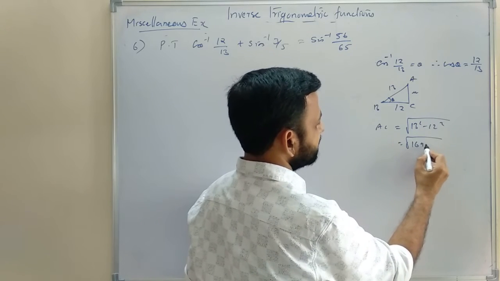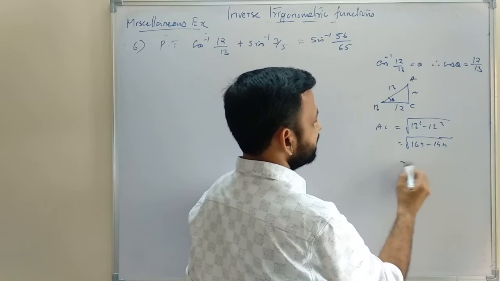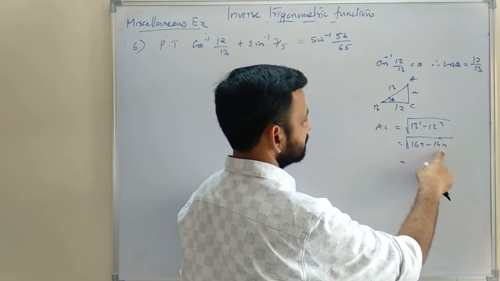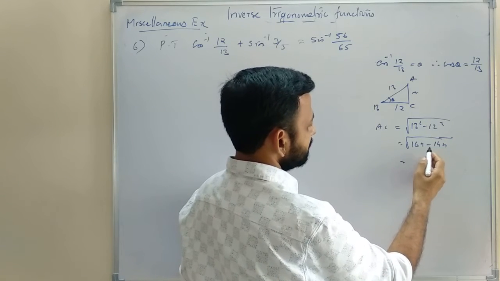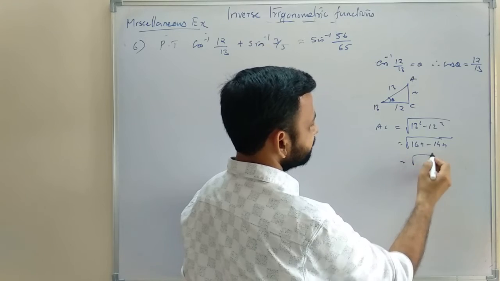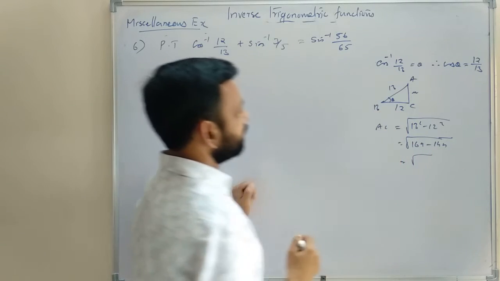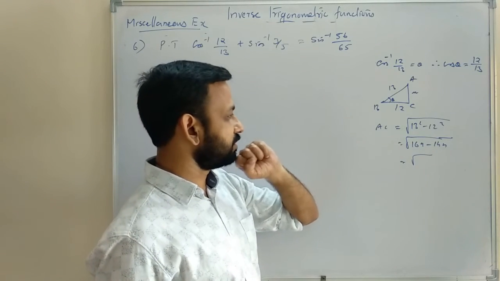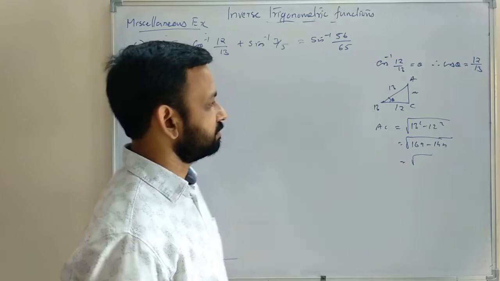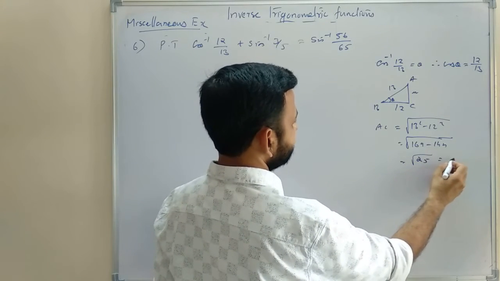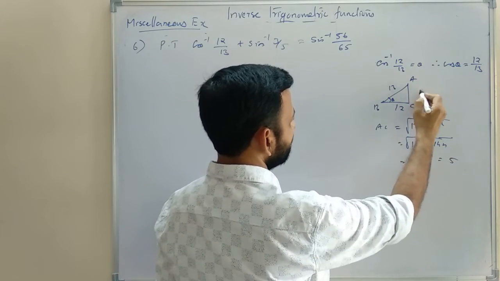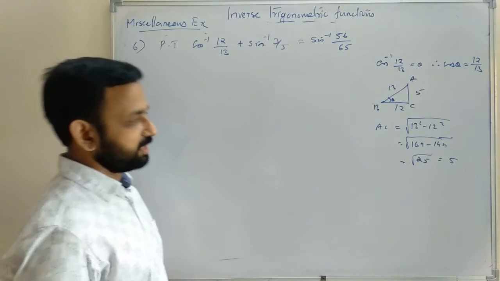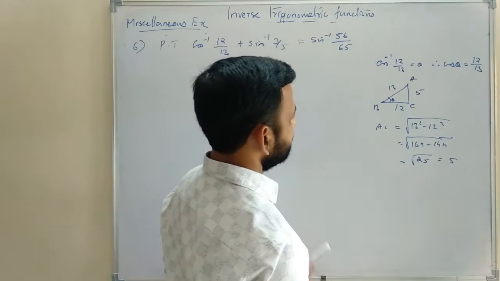That is square root of 169 minus 144, that is square root of 25, that is equal to 5. So here we got altitude 5.